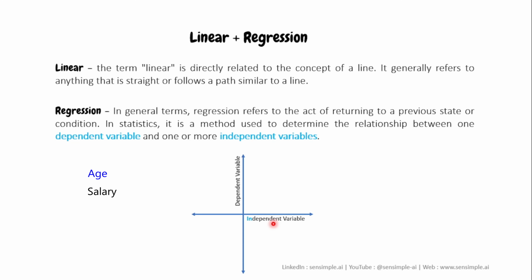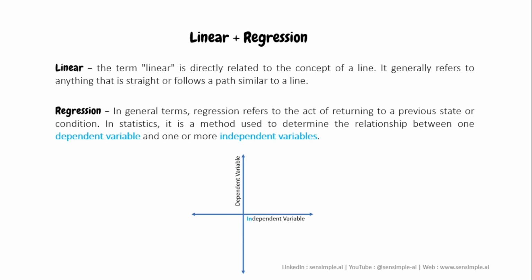Now, if we have to think which one of age and salary is our independent variable, then obviously age becomes the independent variable because age does not depend on salary. The other way around, salary depends on age, which means that if we plot age and salary on a graph, our independent variable age has to be plotted on the x-axis and the dependent variable salary will be plotted on the y-axis.